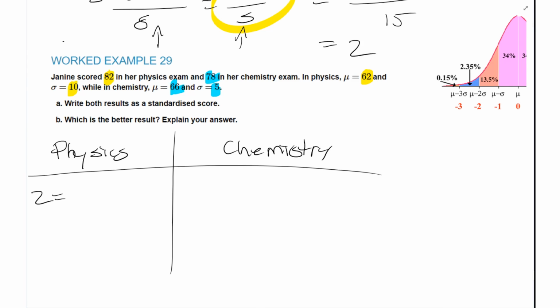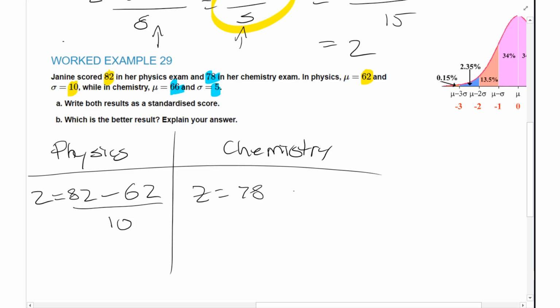So let's have a look. Z, the score was 82 minus the mean of 62, divided by 10. Chemistry, it was 78 minus 66 divided by 5.